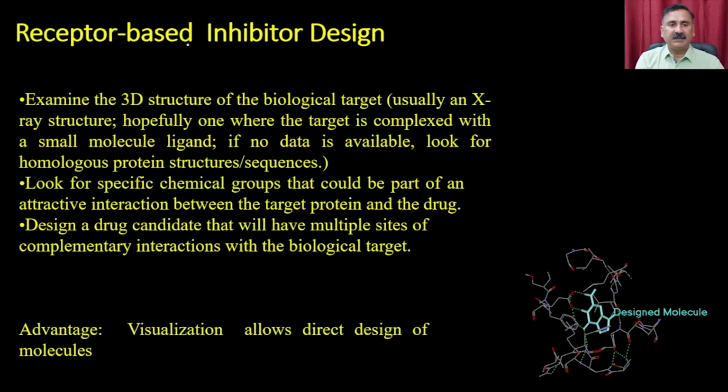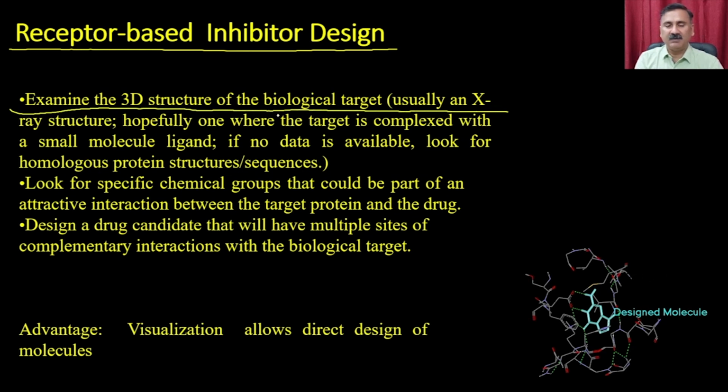Now, the second approach is the receptor-based inhibitor design. In receptor-based inhibitor design, you examine the 3D structure of the biological target, which means you examine the enzyme structure. If you are lucky and have the enzyme already complexed with the inhibitor, then your task is facilitated even faster.